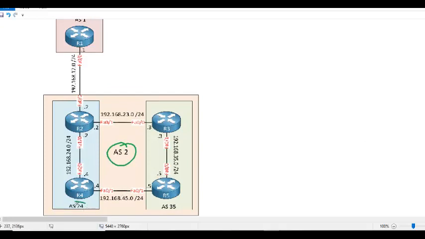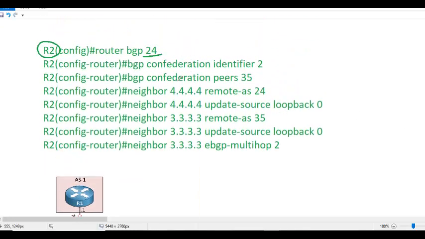So you configure only BGP 24, but inside you say the confederation ID is the actual autonomous system. Did you understand this? Is it clear now? The original, primary autonomous system is the confederation identifier.